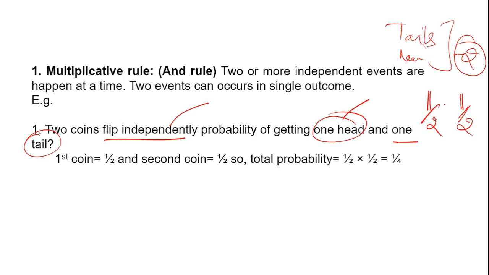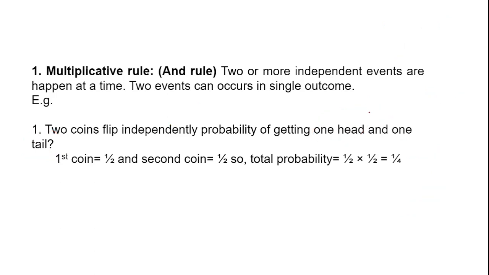Since these happen in a single interval of time, you go for the multiplication symbol. So 1 by 2 into 1 by 2 gives 1 by 4 as the answer. When applying the multiplication rule, keep in mind that it is used when two or more independent events are happening at a single interval of time.